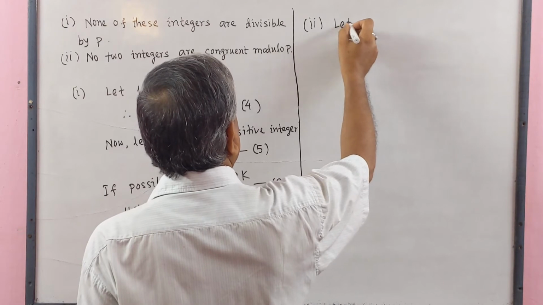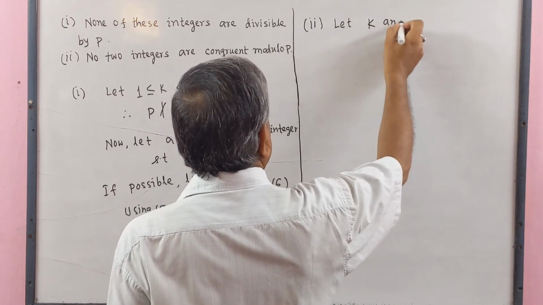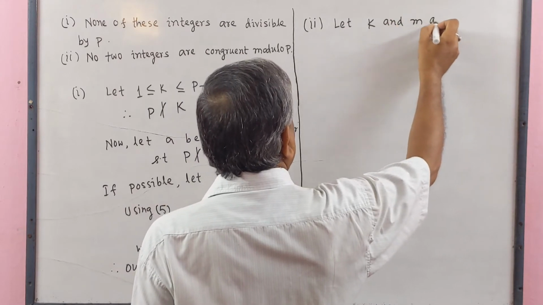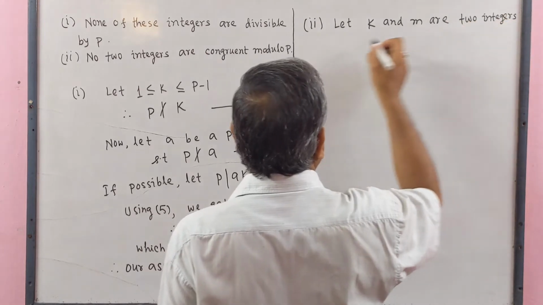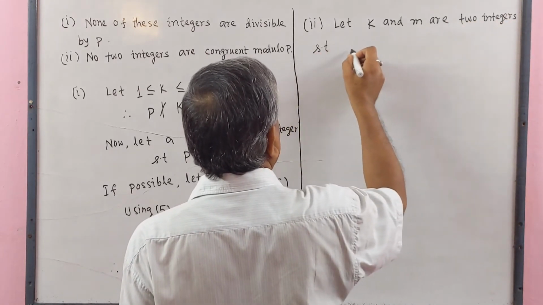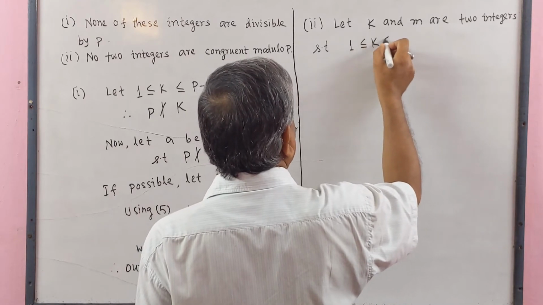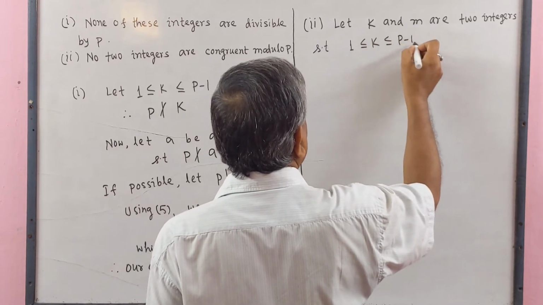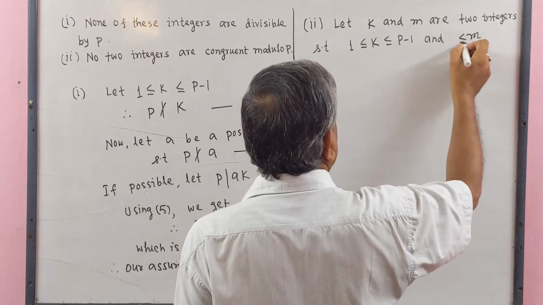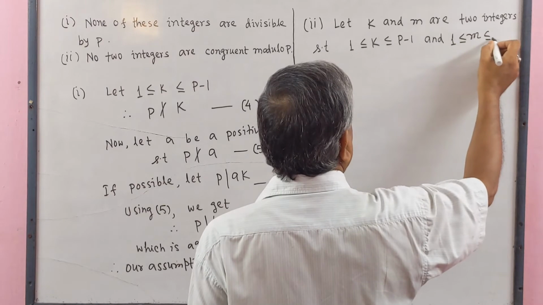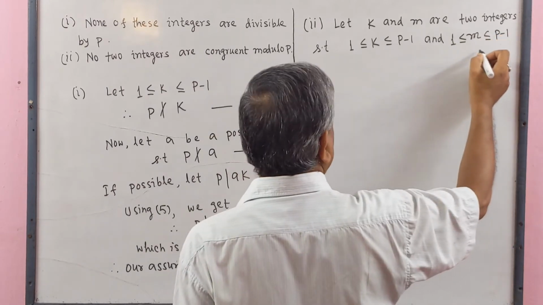Number 2. Let K and M are two integers such that K is greater than equal to 1 less than equal to P minus 1 and M is greater than equal to 1 less than equal to P minus 1. Let this is number 8.